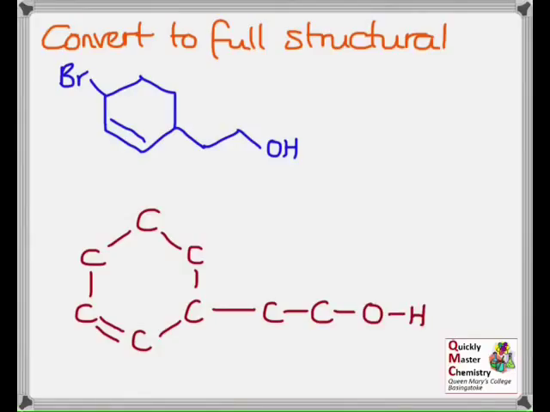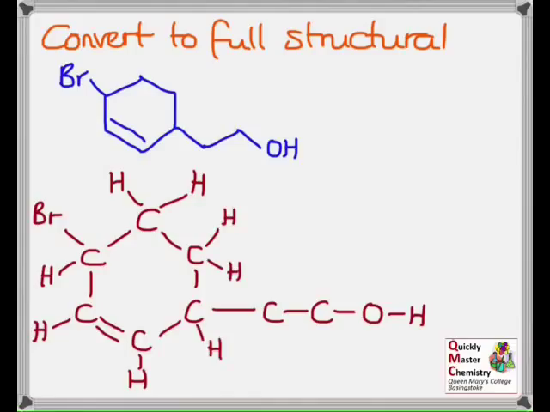And remember, for full structural, you need the bond between the O and the H. And then we can fill in the other bits and pieces, bringing the carbons up to 4 bonds, not forgetting that bromine atom. And we should end up working through to look like this. So just check carefully, make sure that you've added the right amount of hydrogens for each of the carbons.